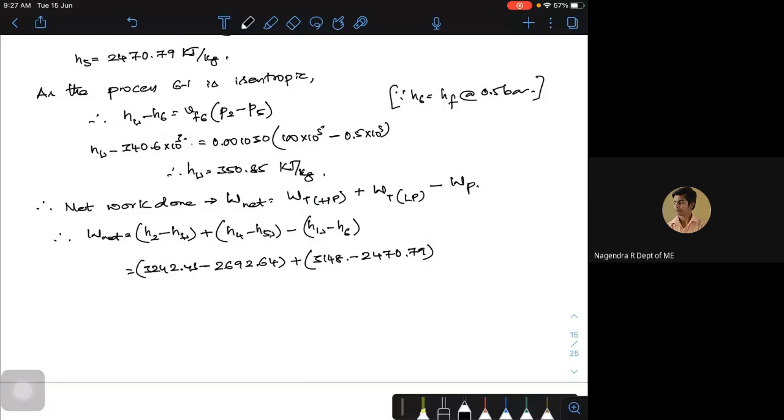Minus your H1S, which we just found is 350.85, minus your H6, which is 340.6. Can you tell me what the net work done is? It's a simple addition and subtraction: subtract the first two, add, then subtract the third quantity.